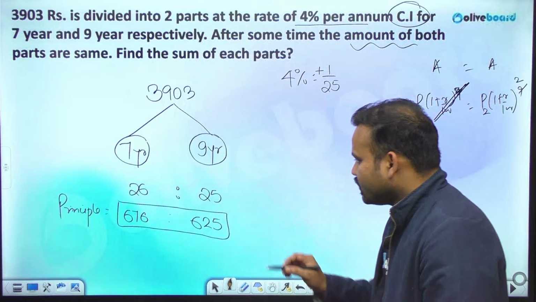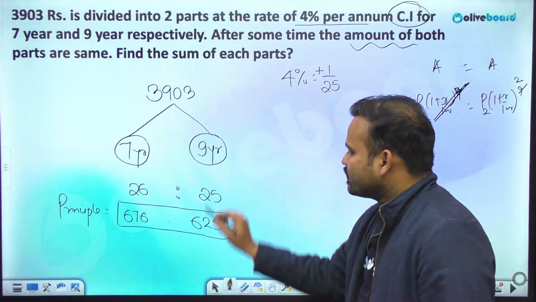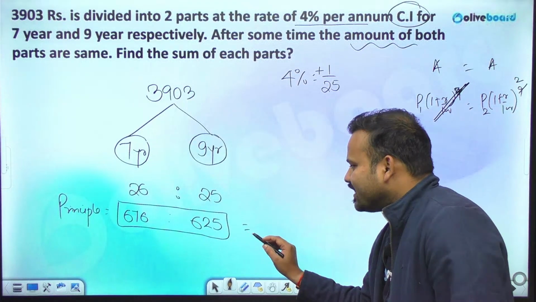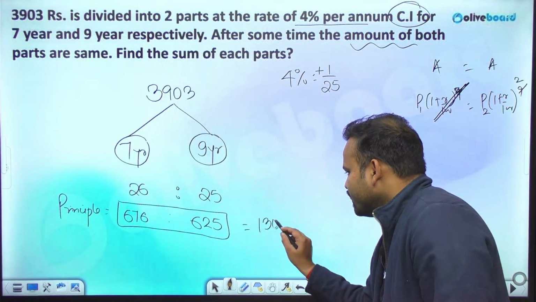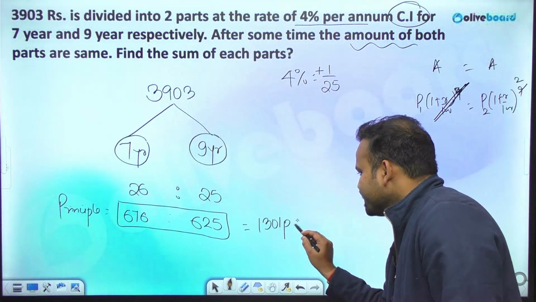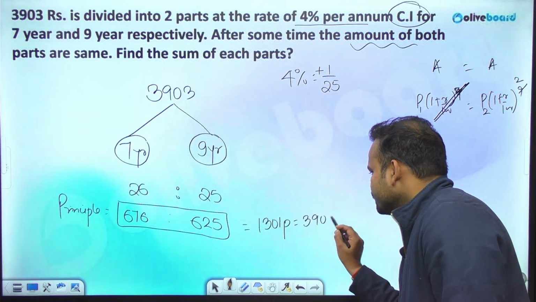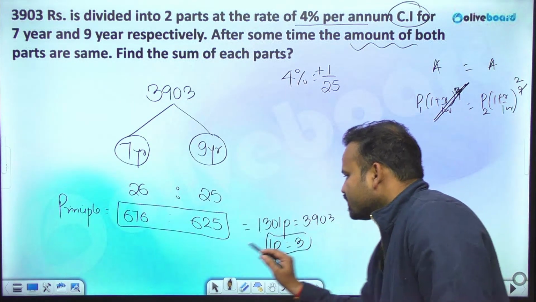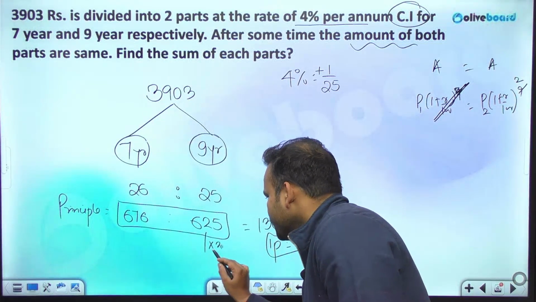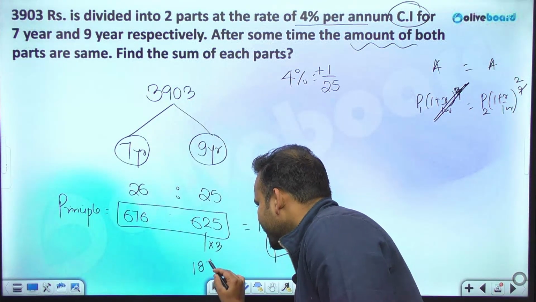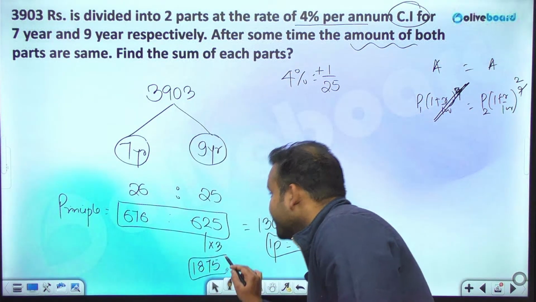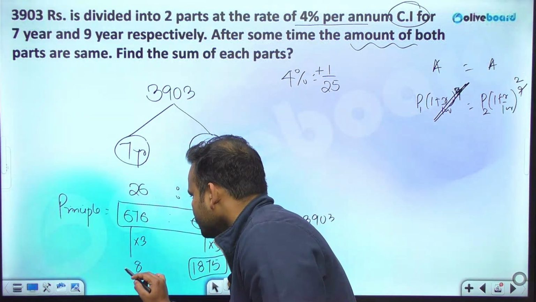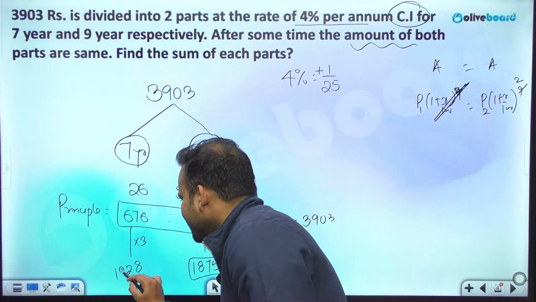So divide this entire sum, that is 3903, in 676 and 625. If you add these values, this is nothing but 1301, right? So 1301 points is equivalent to 3903. So each point will be equivalent to 3 units. So this is 625 into 3, so 1875 should be deposited in his account, and 676 into 3, 2028 in his account.